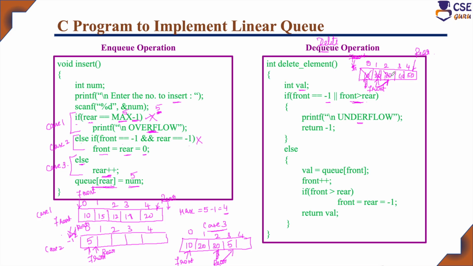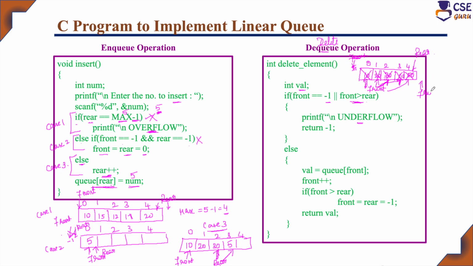If you want to delete this one also, just increment the front position by 1. Now front will point to the 3rd memory location. Next also, if you want to delete, just increment the front position by 1. Now it is pointing to 50. The last element, when you want to delete it, just delete the element and increment the front position by 1.